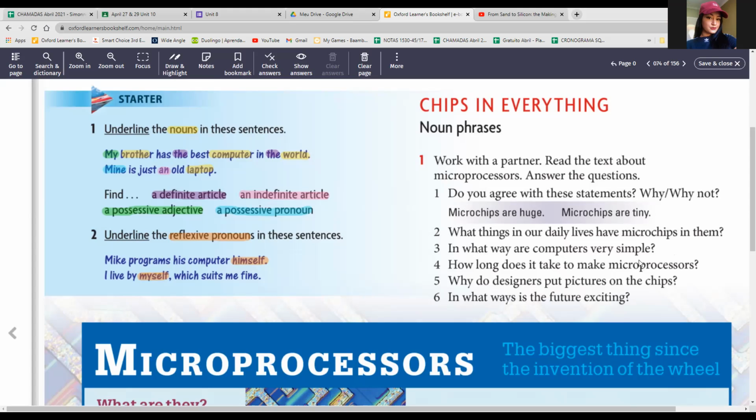I don't know, I didn't understand what it means. So when I say in what way, I'm asking de que forma, okay? So de que forma os computadores são muito simples? That's the question, okay? In what ways are computers very simple? If there are any ways they are simple, what do you think?